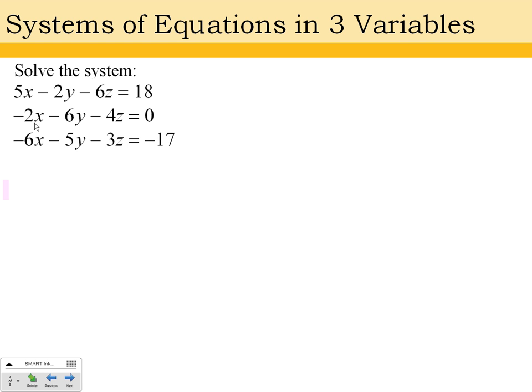But actually maybe not. I would like to pair up the first 2 equations and eliminate my x's, and then I will pair up the second and third one to eliminate my x's because that one's going to be fairly easy to do.